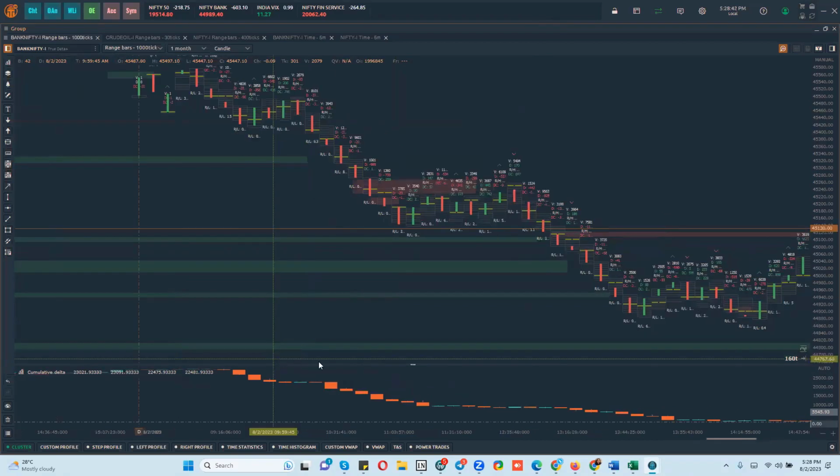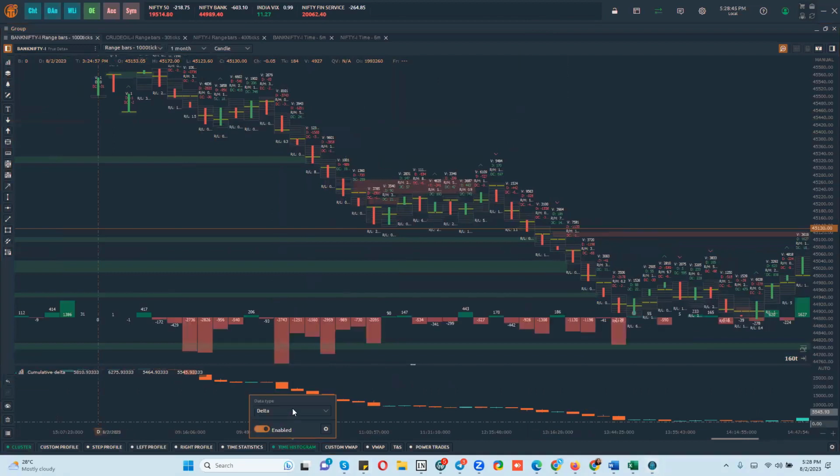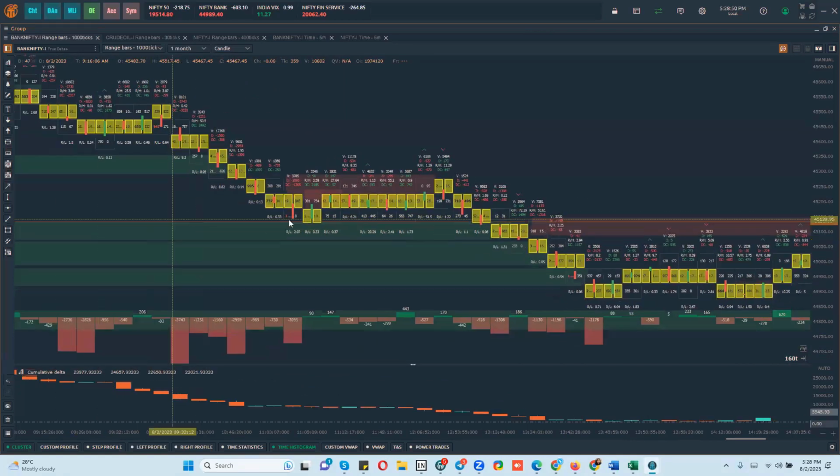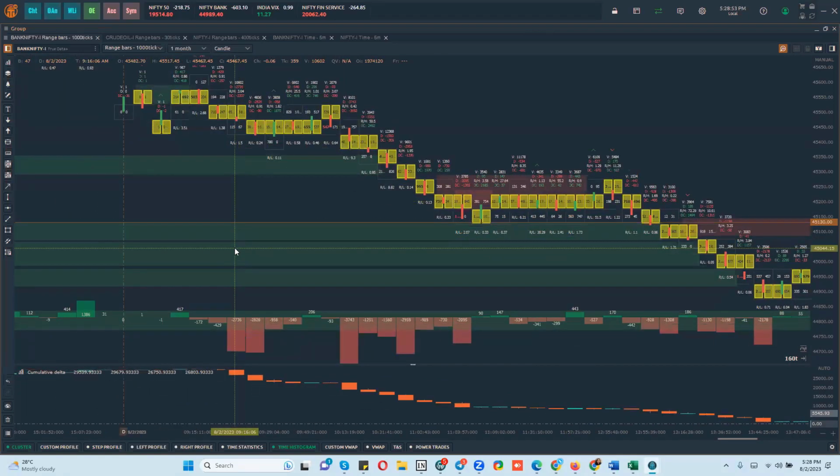If you look at the delta values, you can see that in this 50-point movement, 2,736 lots were traded. What was the time? 9:16:06. In the next 10 minutes, you saw another 2,826 lots traded, and the total movement in each candle was only 100 points. I'm not talking about high to low, but each candle.